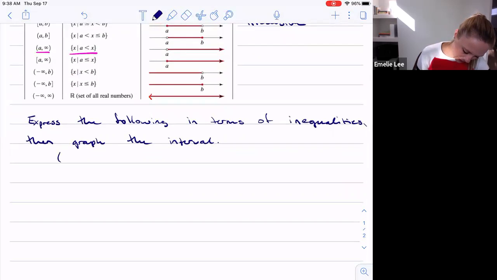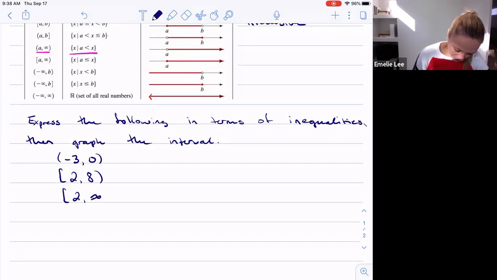I'm going to do 3 of them. Round bracket, -3 to 0. Square bracket 2 to 8, round bracket. Square bracket 2 to infinity, round bracket.